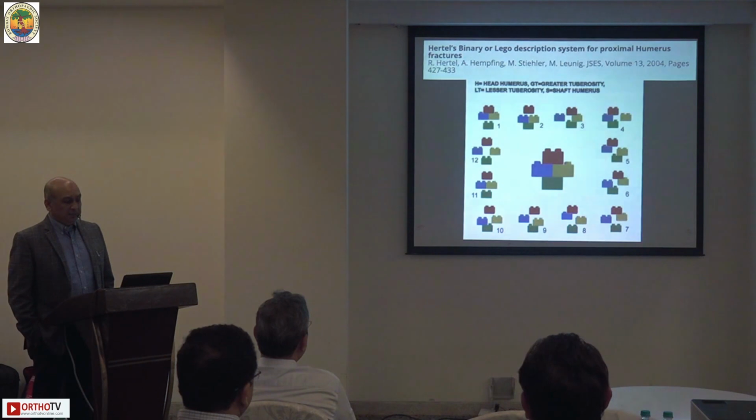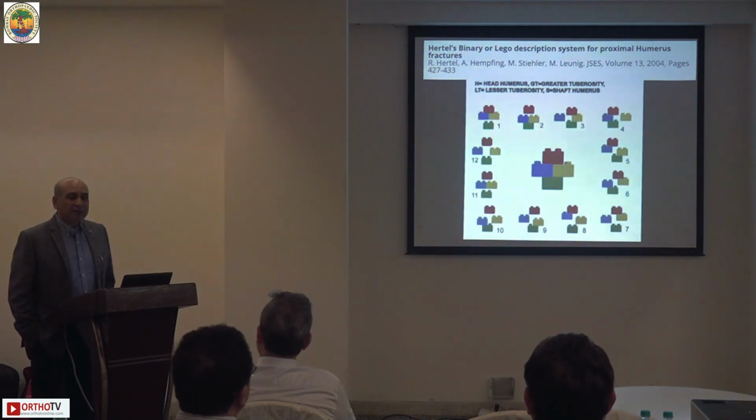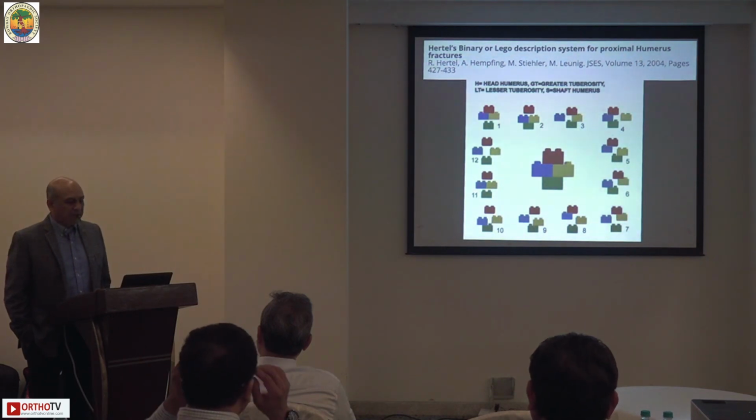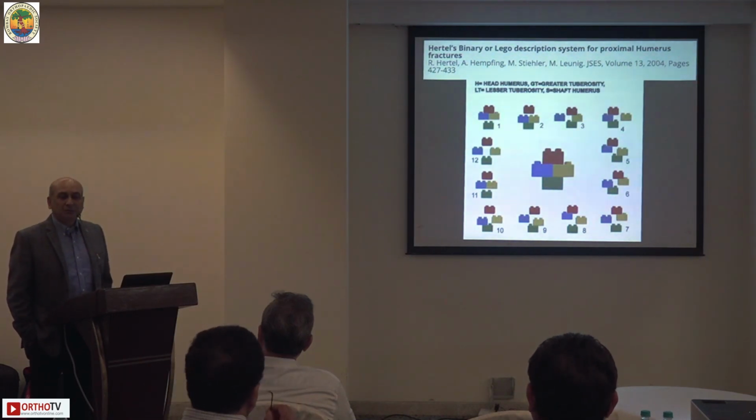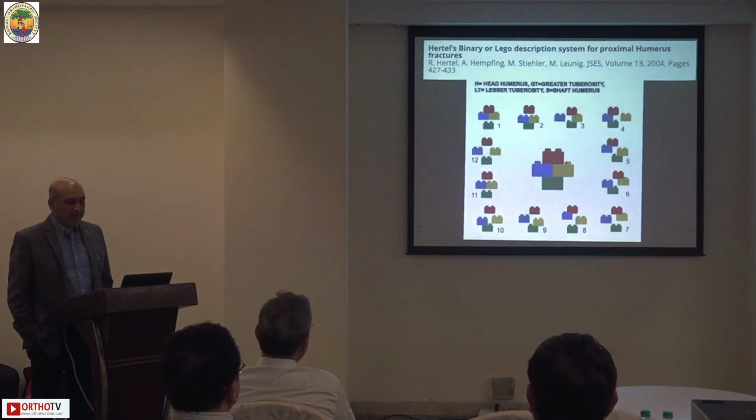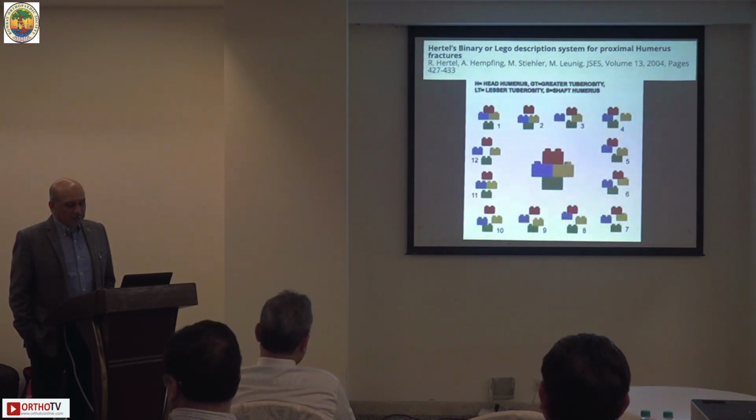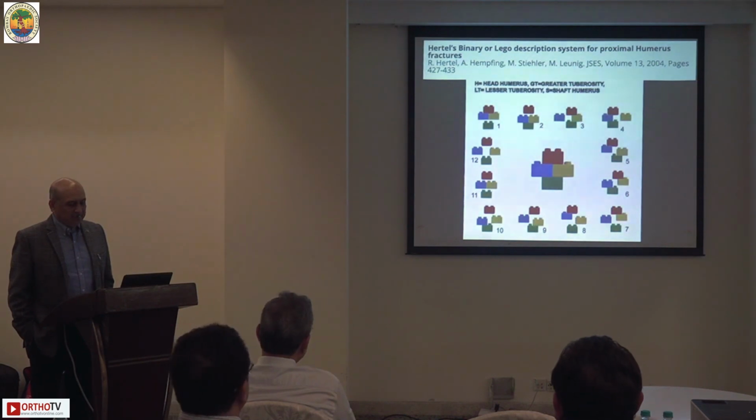Additionally, I find this concept really interesting, but I still don't find it adequate to describe proximal humeral fractures. Many of us have played with Lego bricks in childhood, where the red segment is the head segment, the blue segment is the greater tuberosity, yellow is the lesser tuberosity, and green is the shaft. And there are 12 subtypes of proximal humeral fractures depending upon which Lego brick has dissociated from each other.